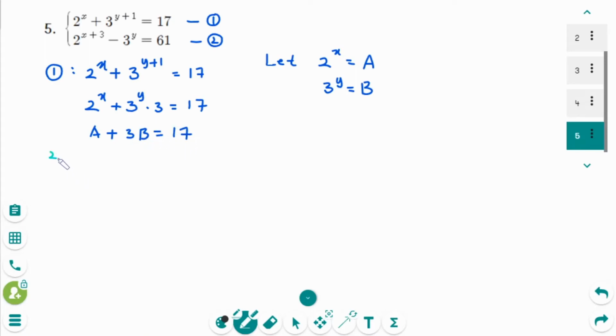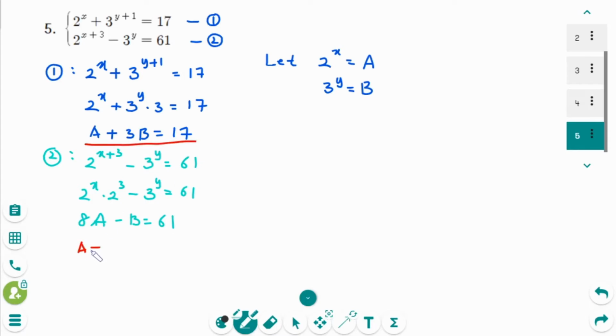Number 2, 2 to the power of x plus 3 minus 3 to the power of y equals 61. 2 to the power of x times 2 to the power of 3 minus 3 to the power of y equals 61. So this is 8a minus b equals 61. Now we have two equations. a plus 3b equals 17. Then 8a minus b equals 61.